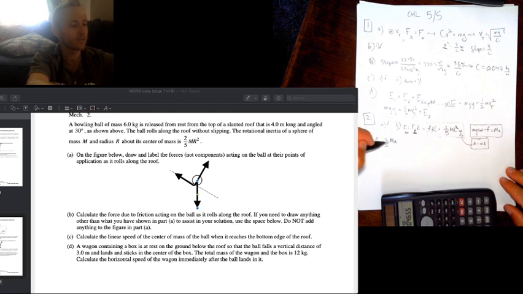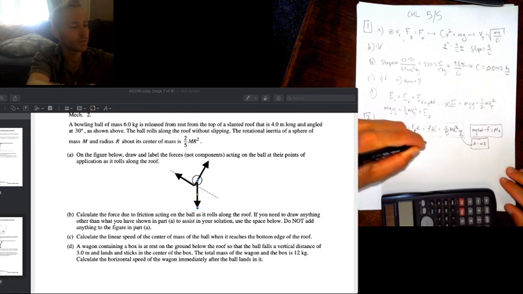All right, so that's this equation, and then I can see that MA is equal to mg sine theta minus friction.